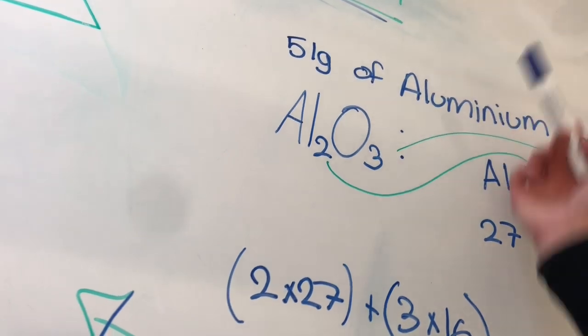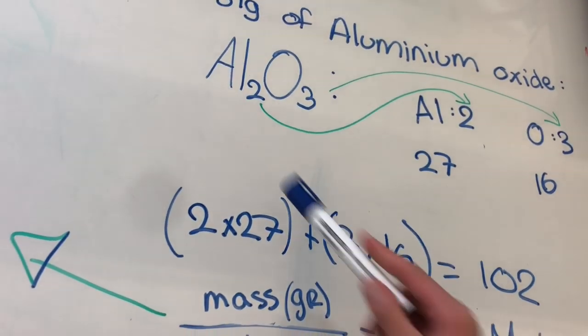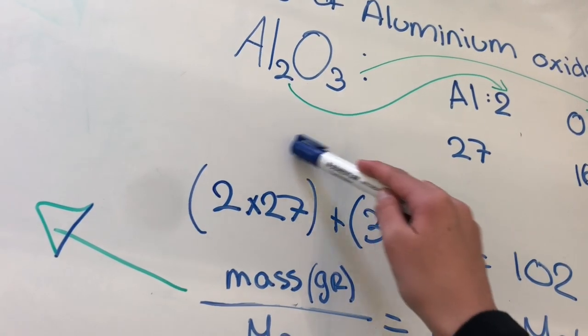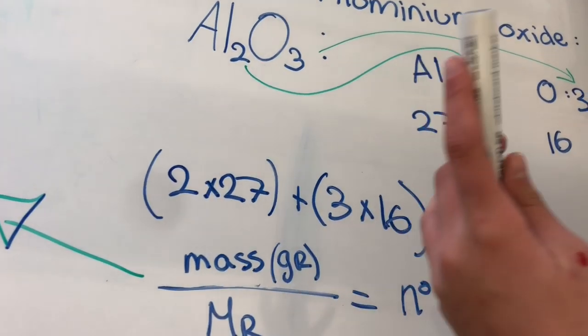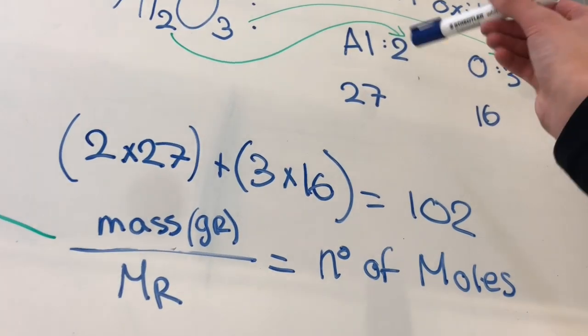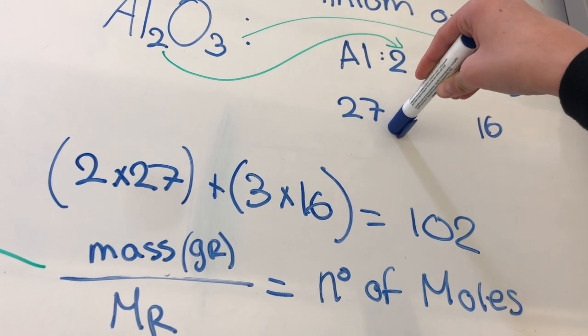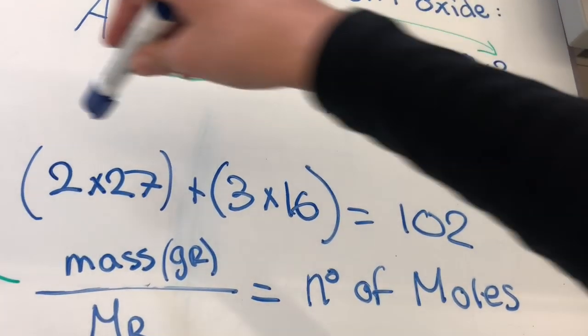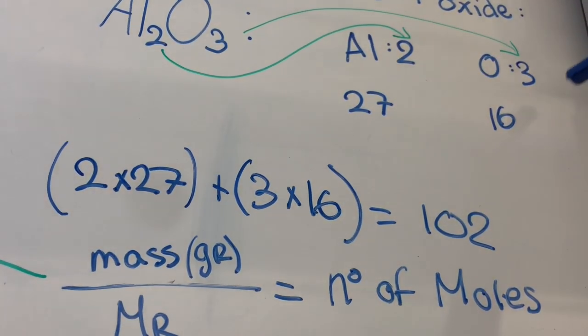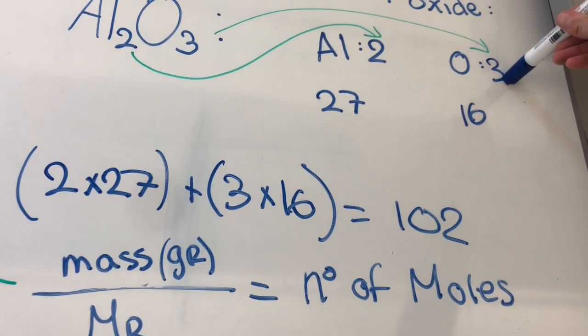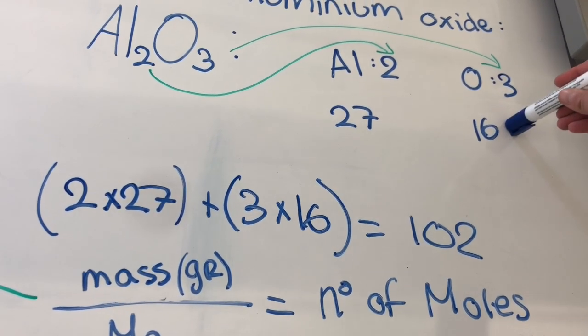We have 51 grams of aluminum oxide. So Al2O3 is the formula. So now we have to find the relative mass. So for Al, we have 2 of them, and we know that it's 27 for 1 of them. So we do 2 times 27. And for oxygen, we know we have 3 of them, and we know that 1 oxygen is 16.